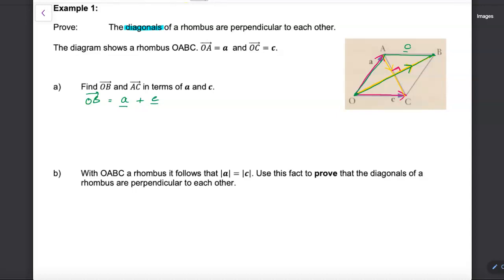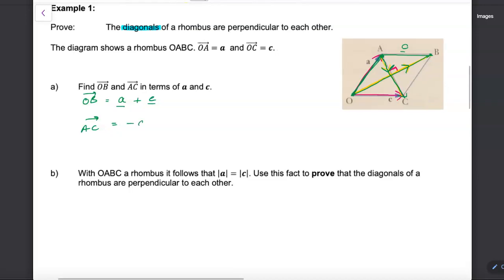We also know that AC, the other diagonal, moving from A down to C, we're going to have to move back to O, so that's going to be negative vector A plus vector C.